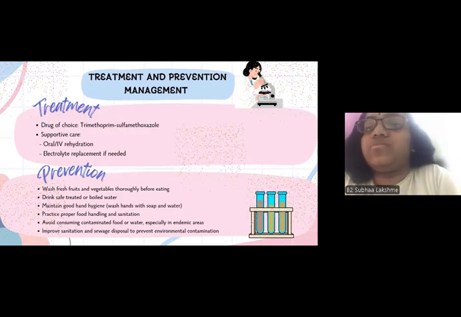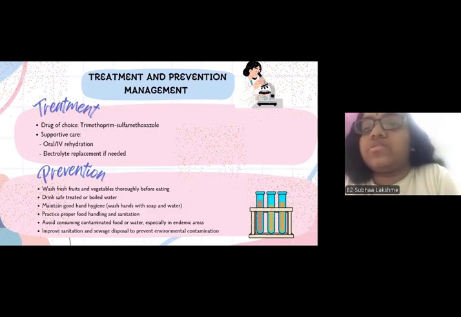This medication works by blocking folate synthesis in the parasite. Patients with severe diarrhea may also require oral or intravenous fluid and electrolyte replacement to prevent dehydration. For individuals with sulfa allergy, there is no equally effective alternative, and drugs such as ciprofloxacin have limited effectiveness.